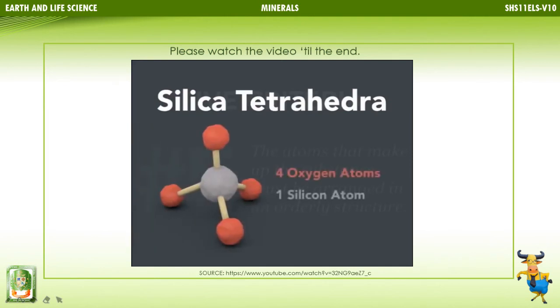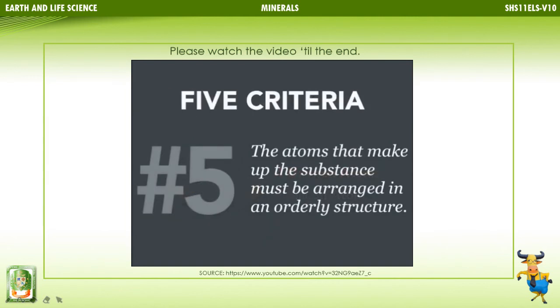It looks something like this model here, where the red balls of clay represent oxygen atoms and the gray is a silicon atom. You can see they're bound together in this tetrahedra shape, and this becomes the most common building block of minerals on Earth. So that's what we mean when we say the atoms must be made up of a specific orderly structure. I'll give you another example of that in just a minute.